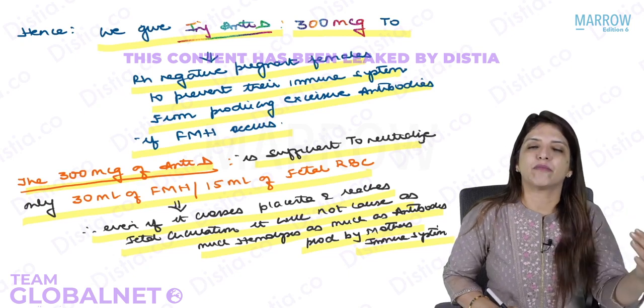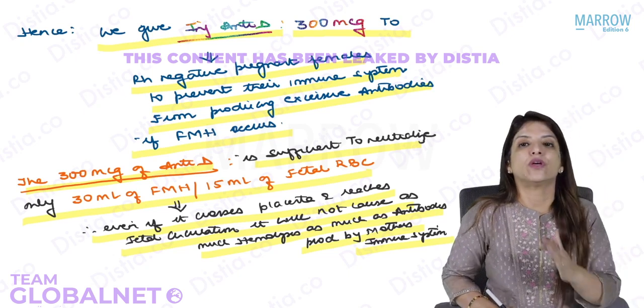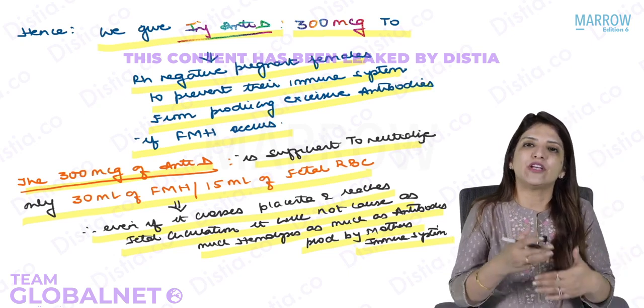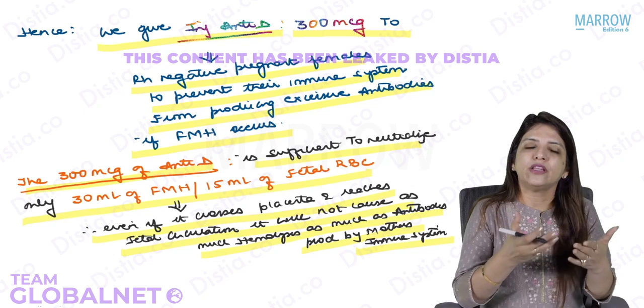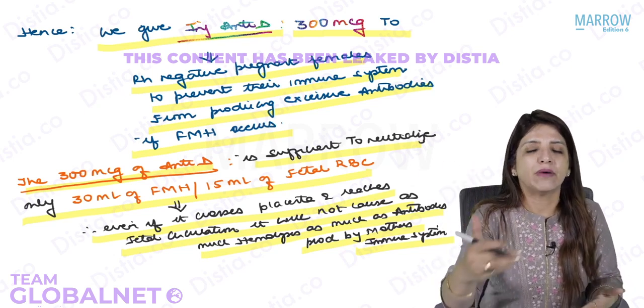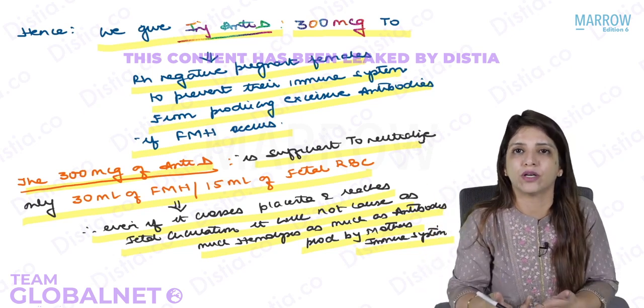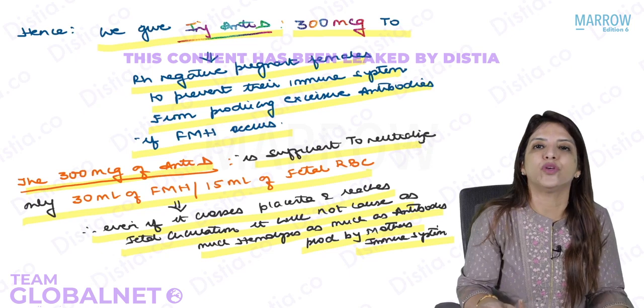Suppose fetal RBCs have already entered into mother's circulation and you give anti-D after that. Then the fetal RBCs would have already stimulated the mother's immune system. Mother's immune system would have already started producing antibodies which we didn't want. Now giving anti-D is of no use.